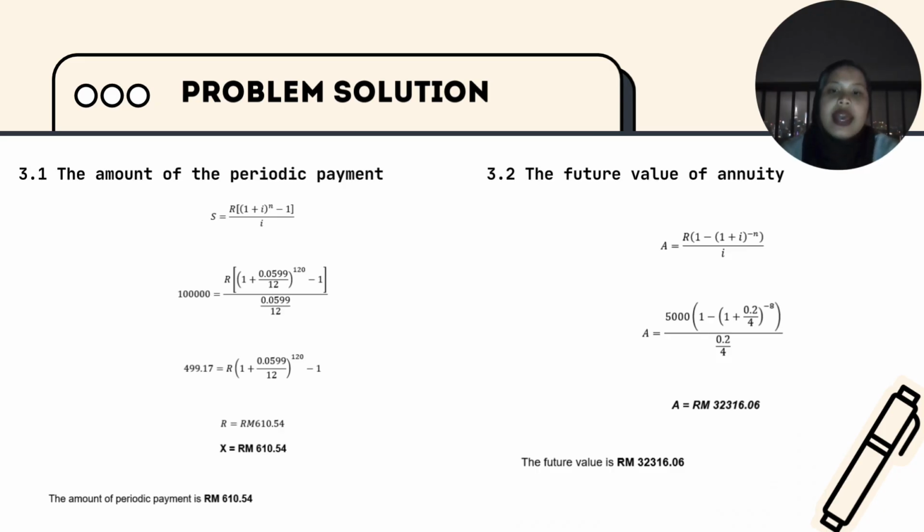So we get 499.17 equal to R multiplied by 1 plus 0.0599 divided by 12 to the power of 120 minus 1, and we get R as 610.54, and X is RM610.54.